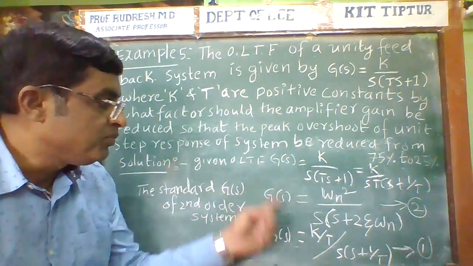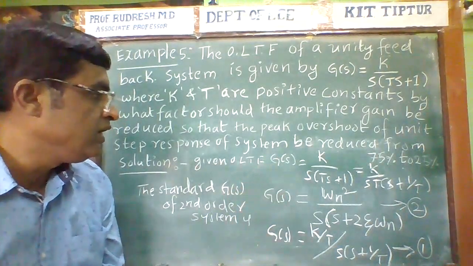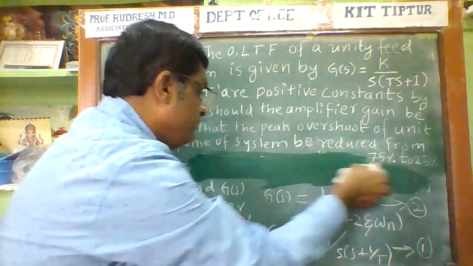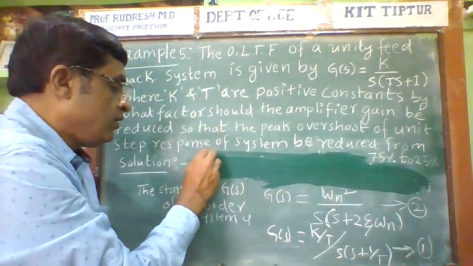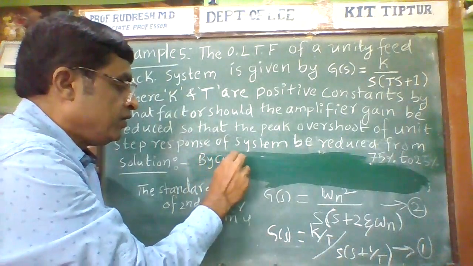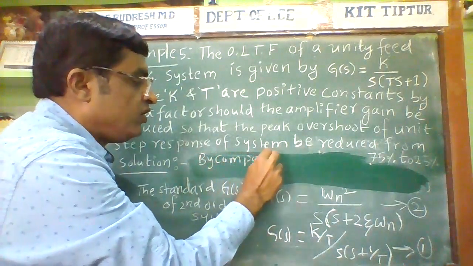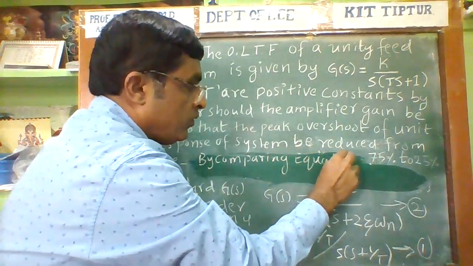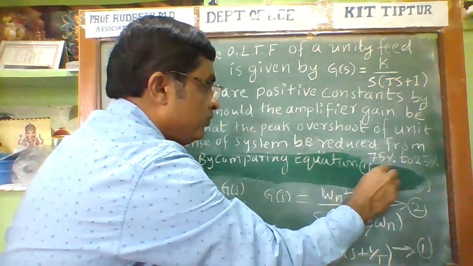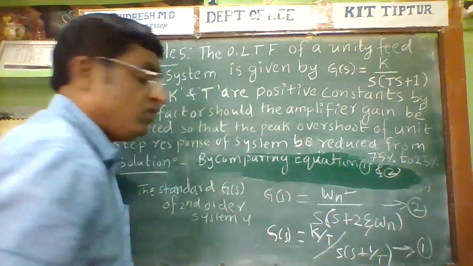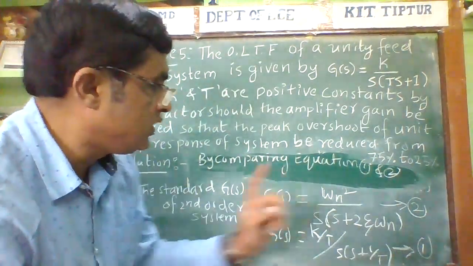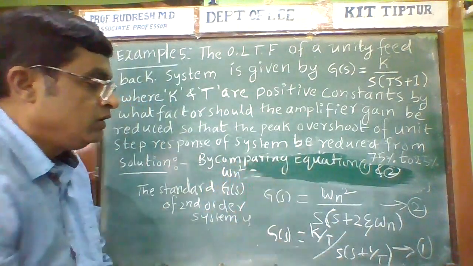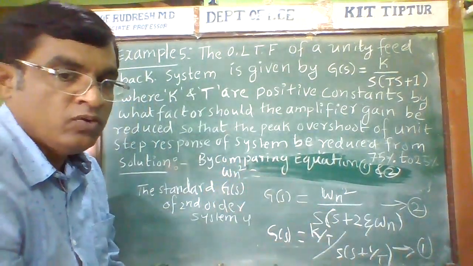So now if we compare these two equations, equation 1 and 2, and compare the numerators with the numerator, what is omega n square?